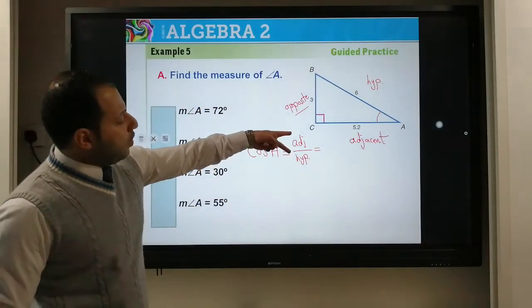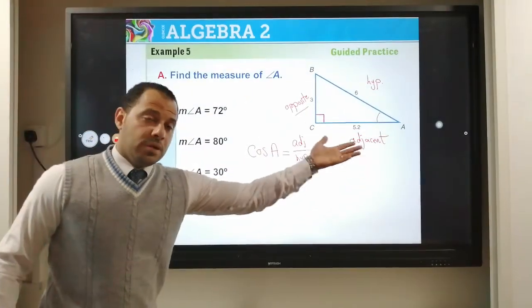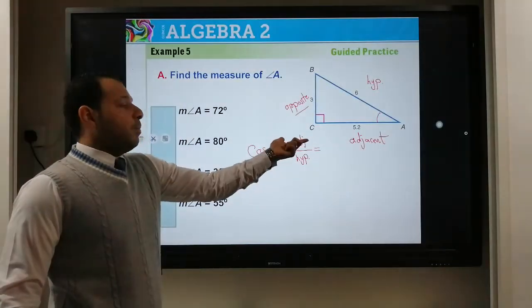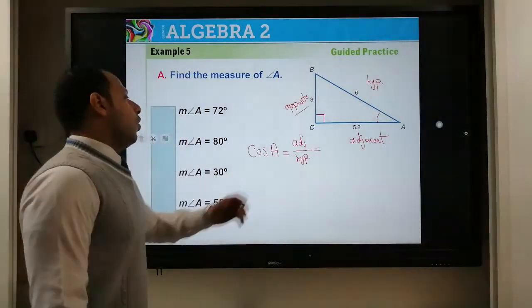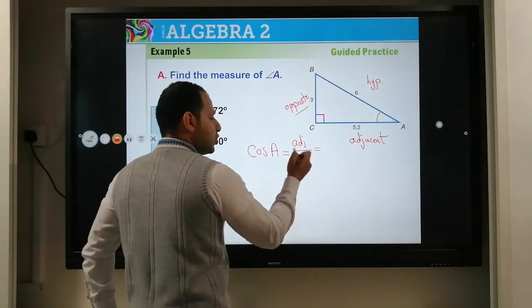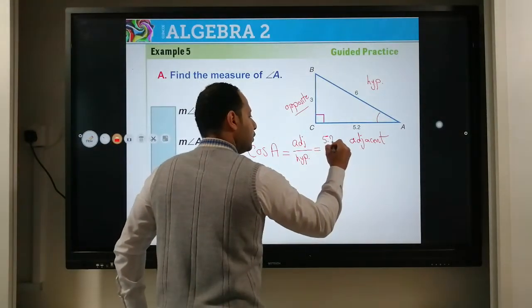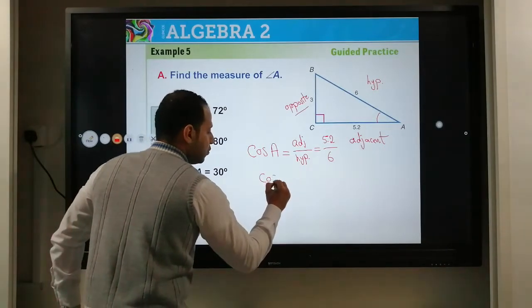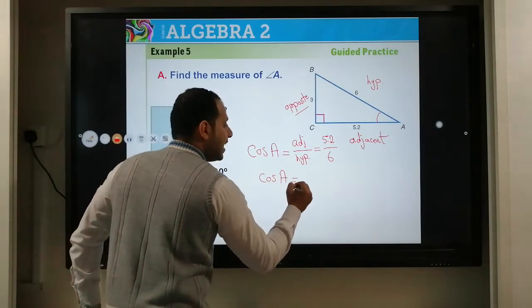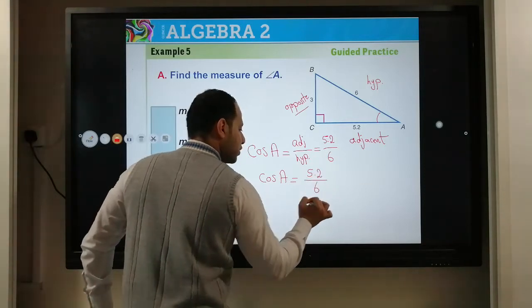If you write the rule the right way, you will complete all the problem the right way. But if it's wrong from the beginning, all the problem will be wrong. So we have to complete adjacent over hypotenuse. Adjacent is what? 5.2. Hypotenuse is 6. So cosine A is equal to 5.2 over 6.